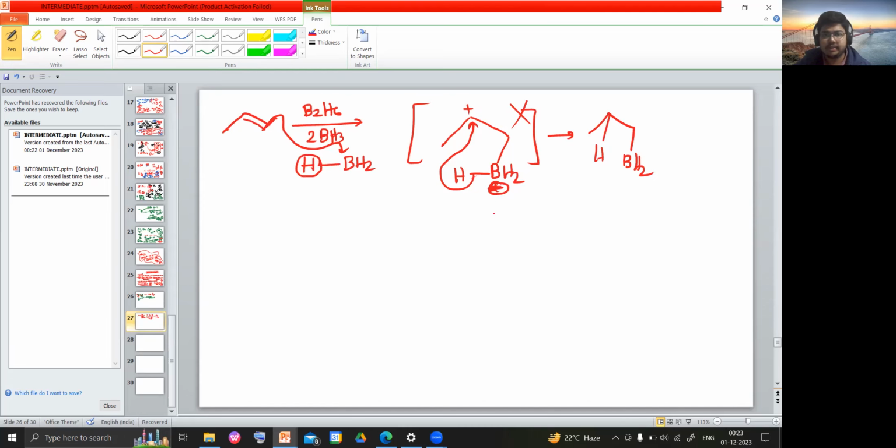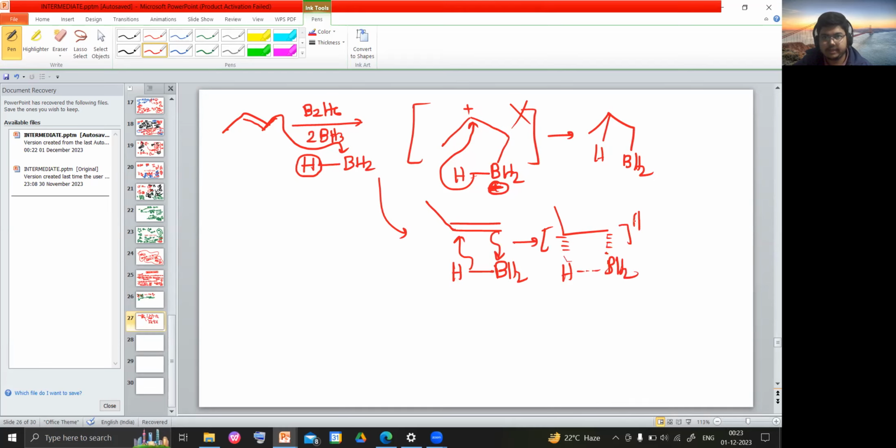What actually happens is, suppose there is a double bond, a single bond, and H-BH2. The reaction occurs like this, through a four-member cyclic transition state.